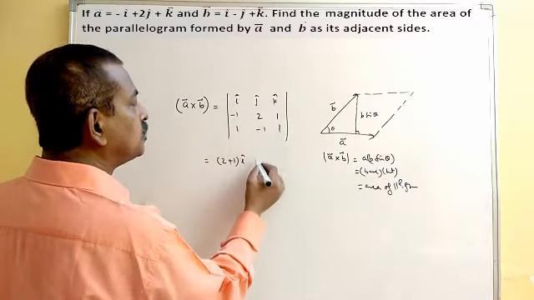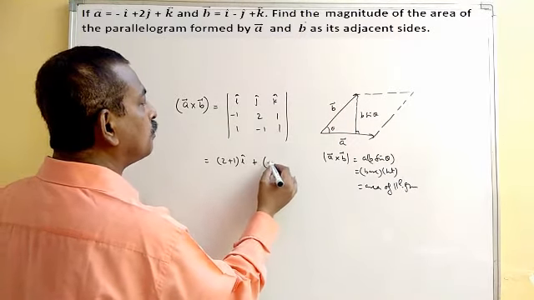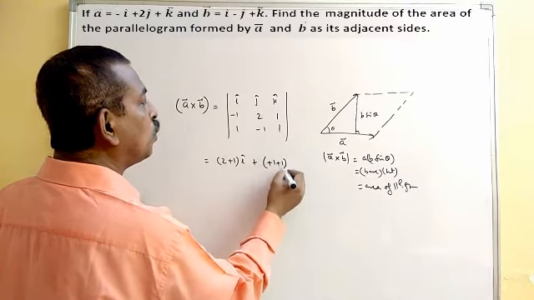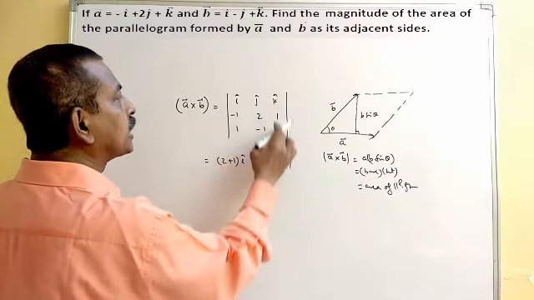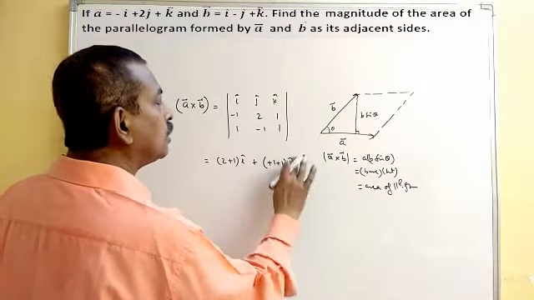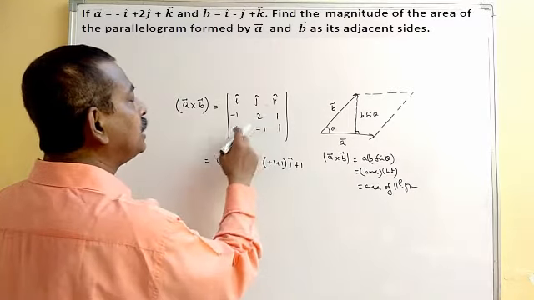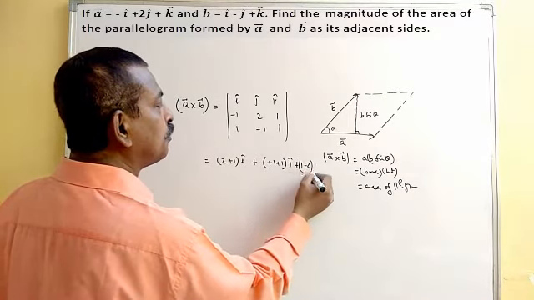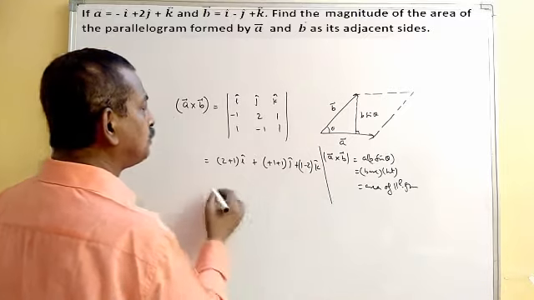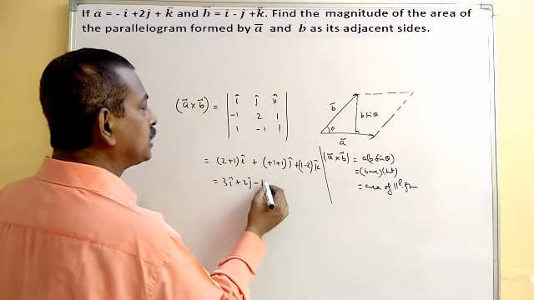Then for j, it is your 1 plus 1, j cap. And for k, it is minus 1 into minus 1, that is 1, plus 2, and that is your 3... so it is 3i plus 2j minus k.